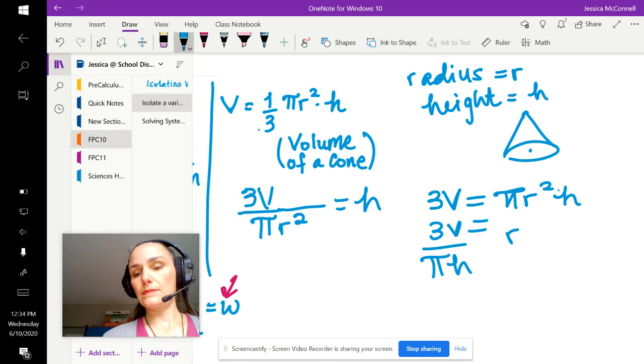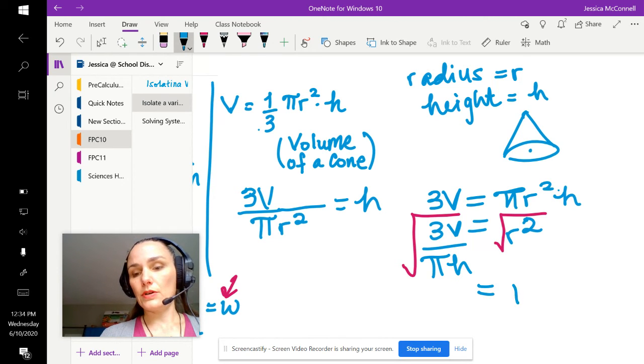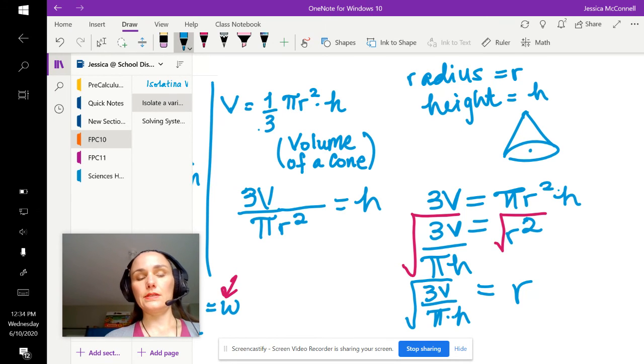And that gives me an expression that's equivalent to the r squared. And at this point, to undo an r squared, to isolate for r, I'm going to need to square root both sides. The opposite of a square is a square root. So I'm left with r on the right and 3 times the volume divided by pi times h, all square rooted, is the value of r.